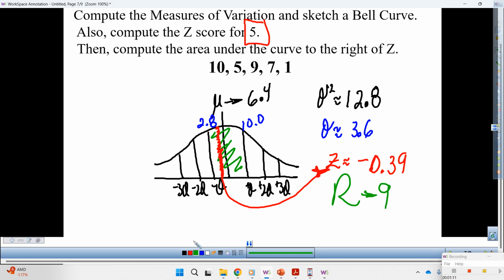However, now they want us to find the area to the right of Z, which means we need to first find the area to the left of Z, because that was a home play. Tell your neighbor the decimal equivalent of that.